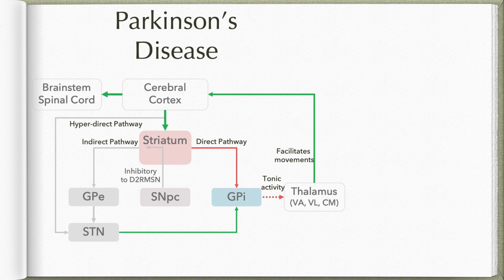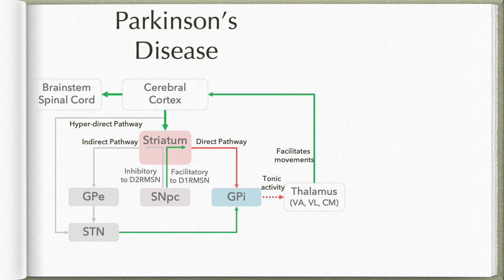Now this direct pathway in a normal person is facilitated by the nigrostriatal fibers, because these will be facilitatory to those neurons which have D1 type of receptors on their surface, and these D1 type of receptor neurons are the ones which are sending their output to globus pallidus internum.